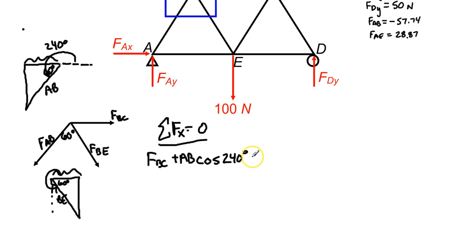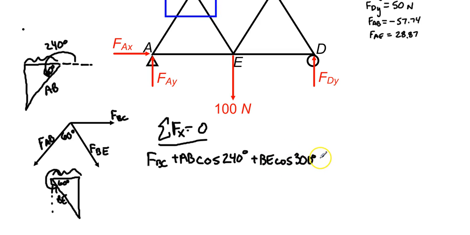So this is actually going to be plus BE times the cosine of 300. And again, the cosine function will correct if it needs correcting as far as the positive or the negative for the x component of BE.